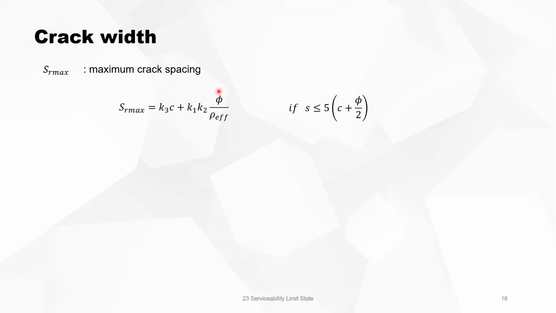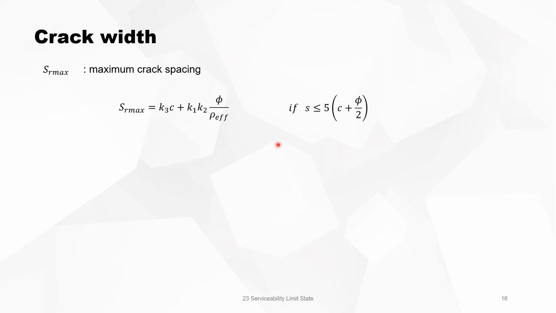So the bigger the bar diameter, the bigger the crack width. And it's also proportional to 1 over rho, which means that the more reinforcement you put into the section, the less the maximum crack spacing will be.